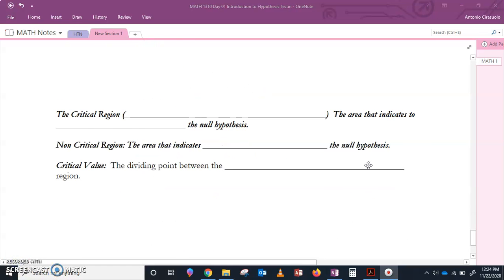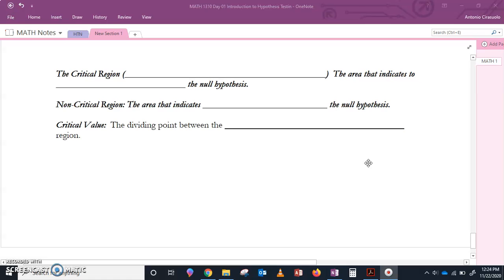And then next, critical region and non-critical region. The critical region, otherwise known as the rejection region, is the area that indicates to reject the null hypothesis. The non-critical region is the area that indicates do not reject the null hypothesis.